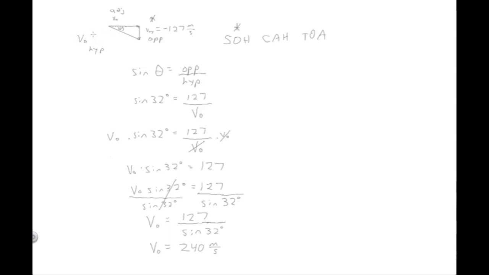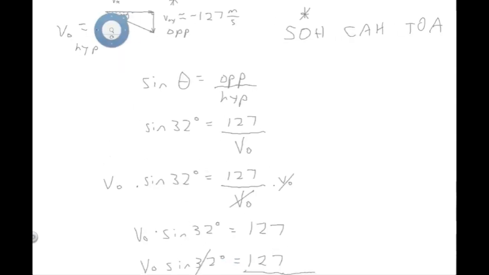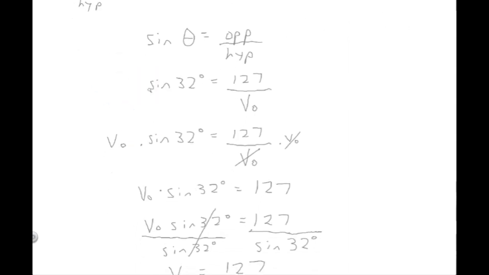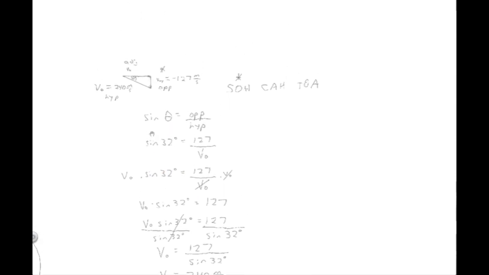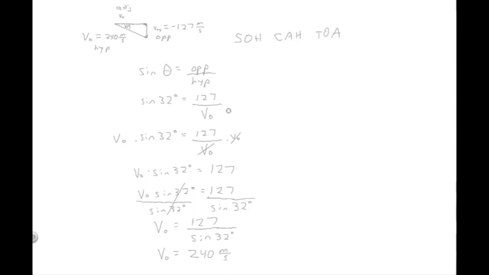We know that V0 is 240 meters per second. That's what we figured out in part A. We figured that out in part A. And remember that what we need now is Vx.